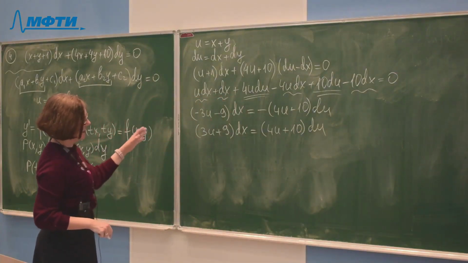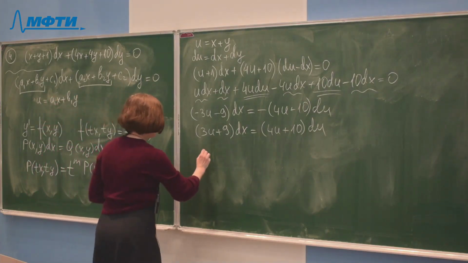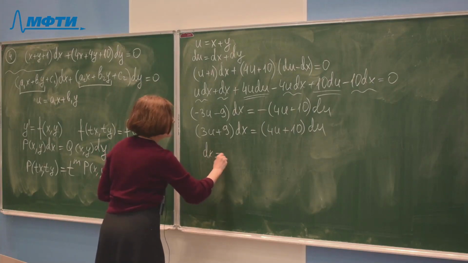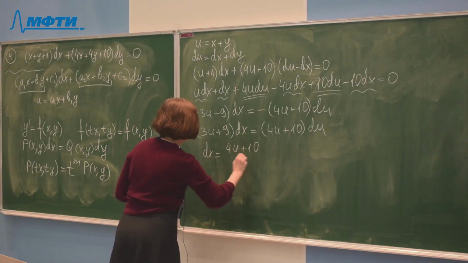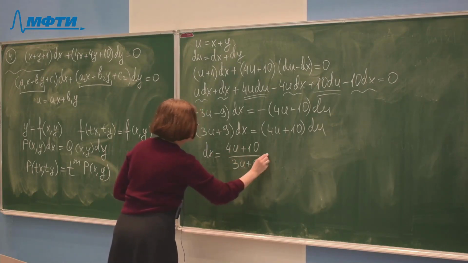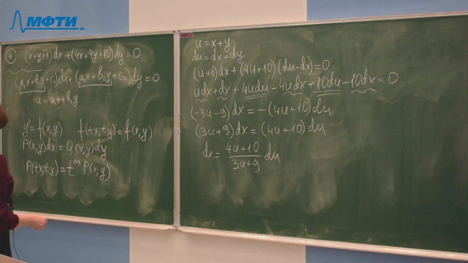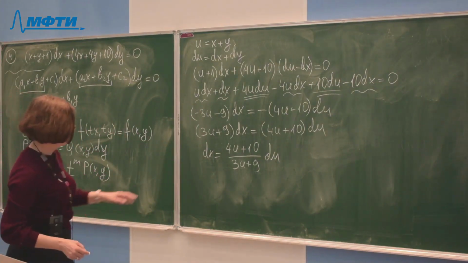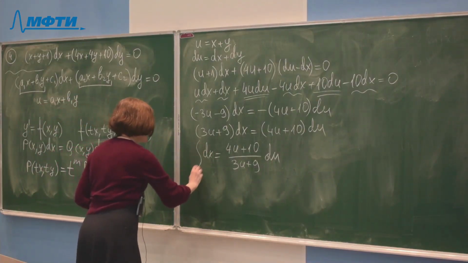Then we can see that the variables are separated, so dx equals (4u + 10) over (3u + 9) du, if I'm not mistaken. I hope that it is correct. Now let's integrate both parts.